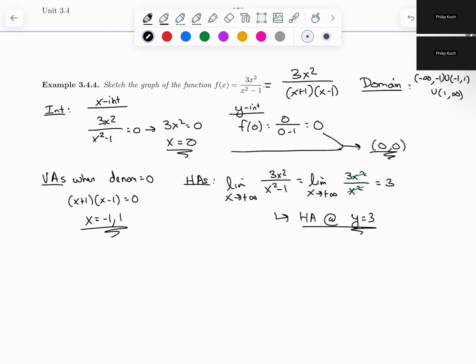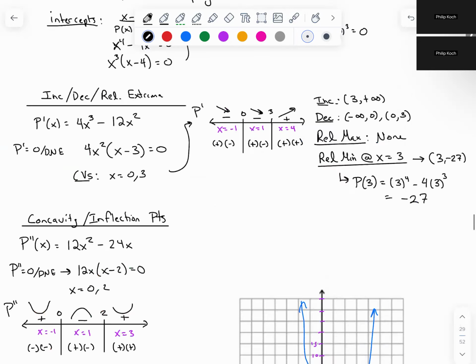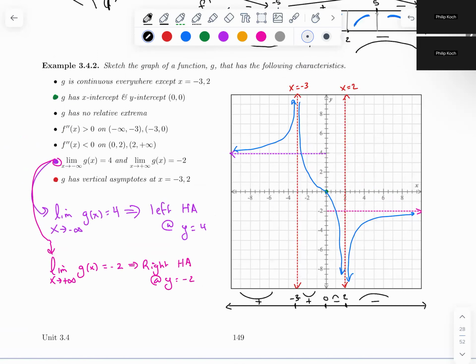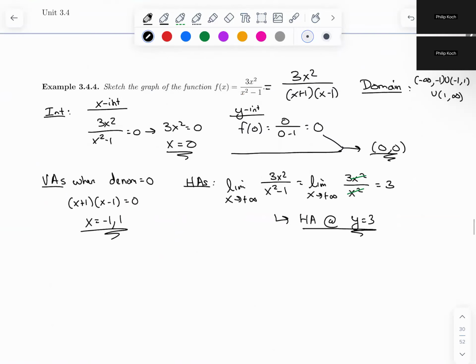The only situations where we get two horizontal asymptotes are if I tell you, like in that previous problem, that the limit as x approaches negative infinity was 4 and as x approaches positive infinity was negative 2. The only other way would be if you had square roots. But either way, we get an HA at y equals 3. That's all the preliminary info.